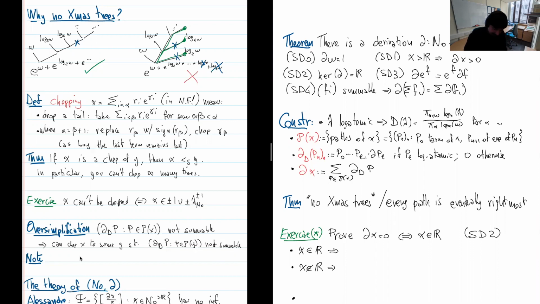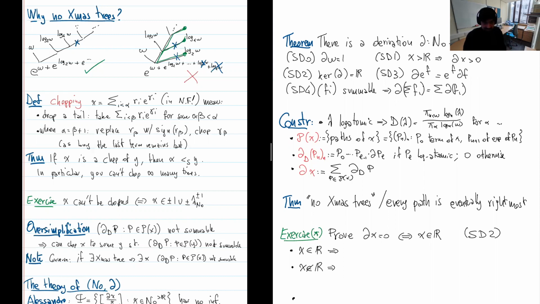Okay. And then my note here is the converse. If there is a Christmas tree, then there is x such that this is not summable. Okay, because we had this bad sequence of paths going up, getting bigger and bigger, that would give bigger and bigger contributions.